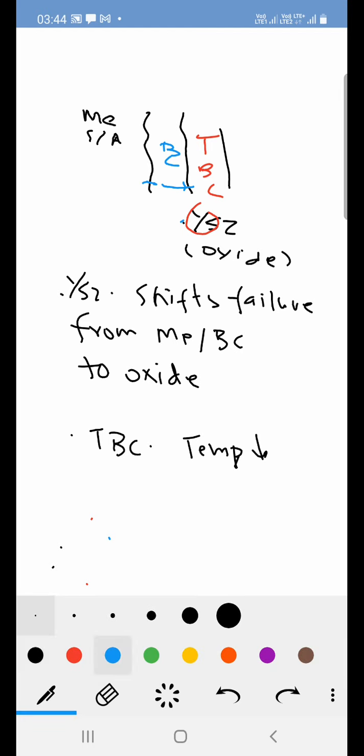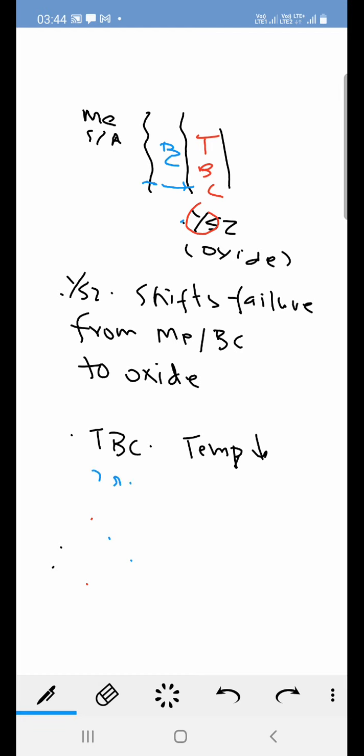So another advantage is it reduces the oxidation rate, not resistance, of the bond coat.